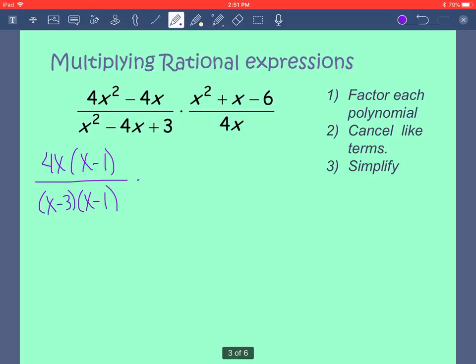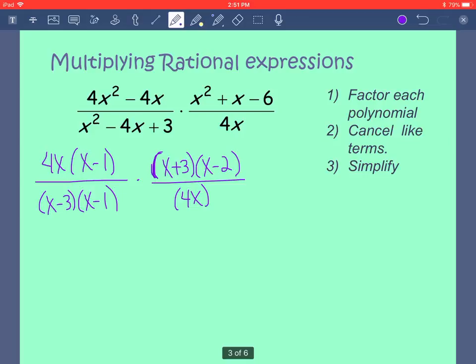Then I've got times x squared plus x minus 6 factors to be x plus 3, x minus 2. And then I've got over 4x.